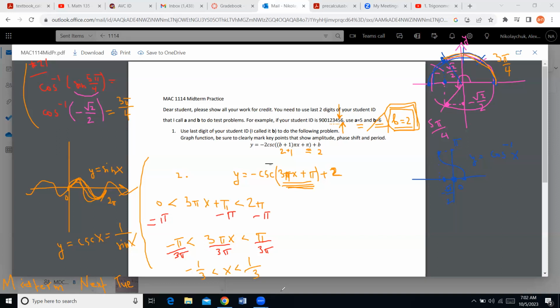So between negative 1/3 and positive 1/3, now I need to think about the actual negative 2 multiplied by cosecant. So what happens now with the graph of a function when we deal with a range, or actually domain, between negative 1/3 and positive 1/3? Now our amplitude changes because of multiplying by 2, so we go from minus to plus 2.